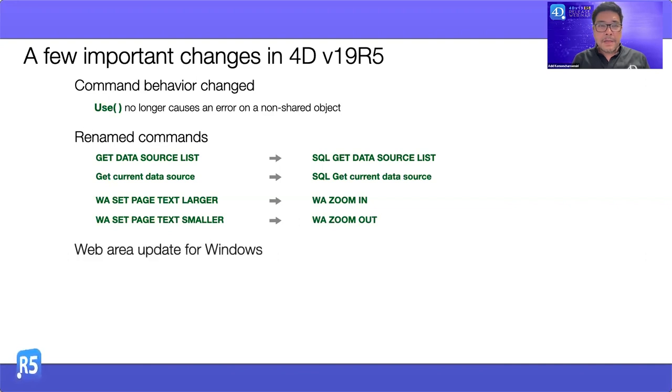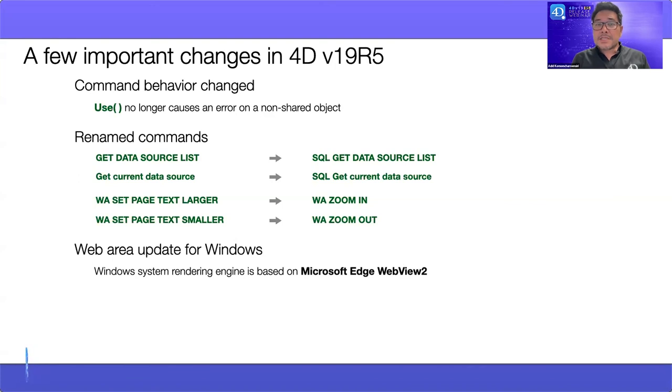Okay. Now let's go to the next area, which is the web area specific to Windows. Now, for those of you who are using the web area system rendering on Windows, it is now based on Microsoft Edge WebView2.